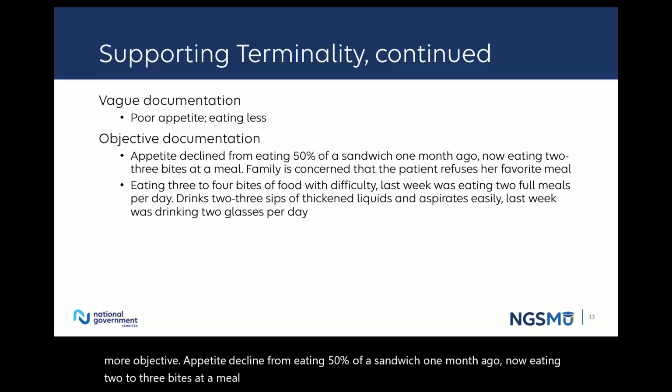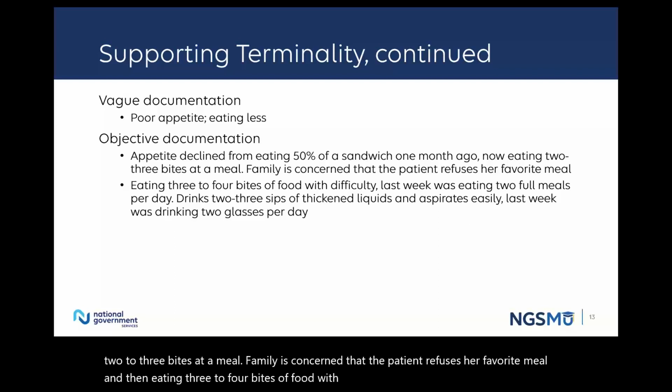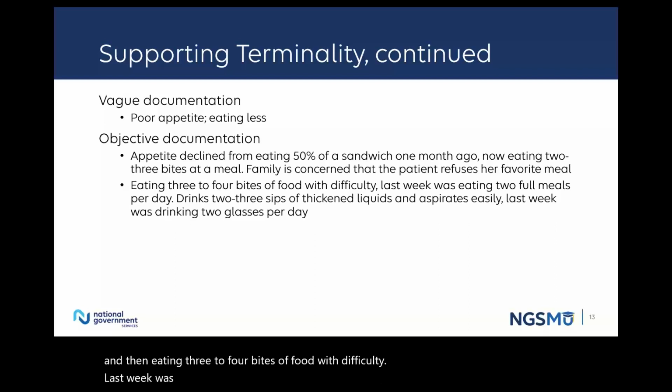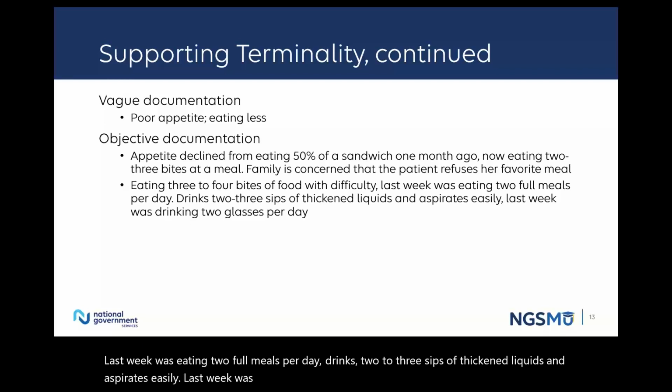Family is concerned that the patient refuses her favorite meal. And then eating 3 to 4 bites of food with difficulty. Last week was eating 2 full meals per day. Drinks 2 to 3 sips of thickened liquids and aspirates easily. Last week was drinking 2 glasses per day. So you're giving more of a full picture.